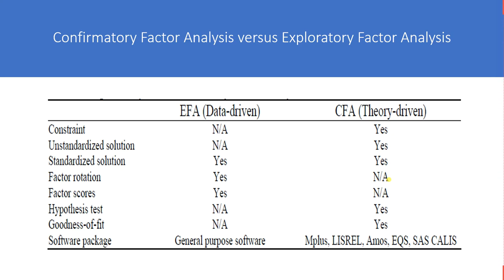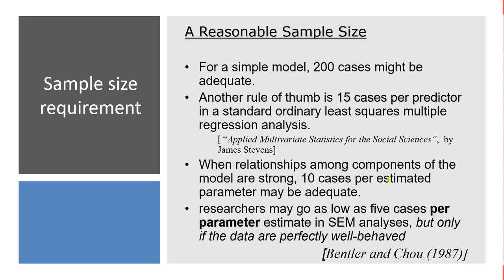Now let us move to the actual purpose of this presentation, that is doing structural equation modeling. And the first thing is the sample size requirement. Generally, a reasonably large sample size is required, as it is required in factor analysis or other multivariate statistics.